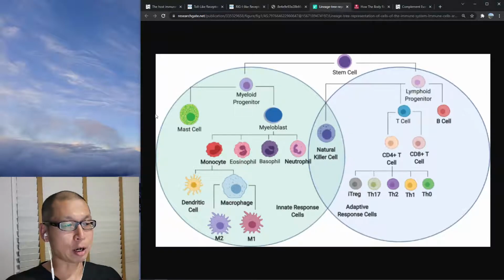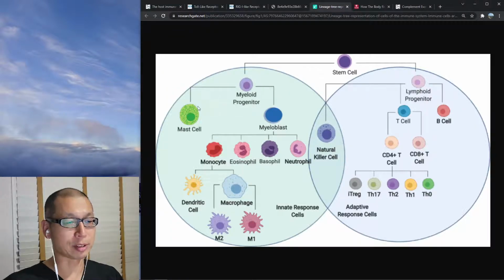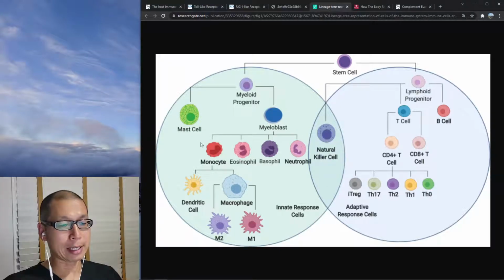This is an artificial divider that we've made as people studying it, to help us understand it, but there's a lot of crosstalk between the two systems, so they're not separated. The innate system is composed of what are called granulocytes, eosinophils, basophils, and neutrophils, and then this thing called a monocyte that differentiates into a dendritic cell and a macrophage.